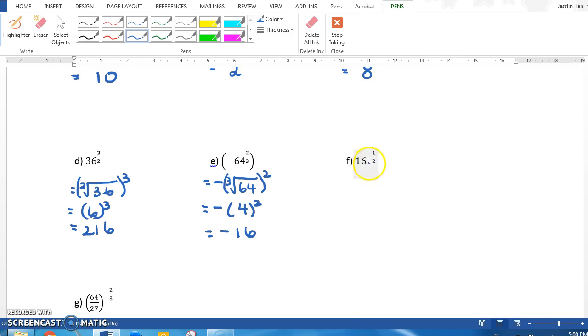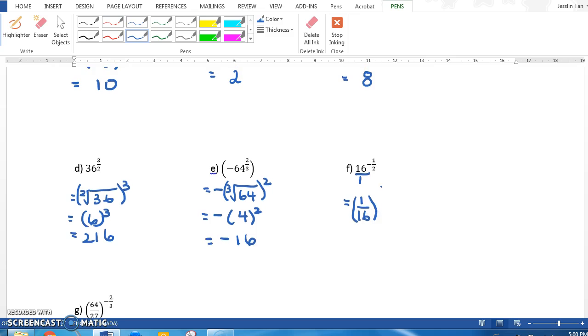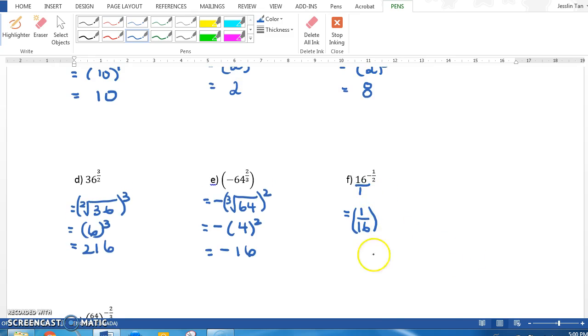The next thing that we're dealing with is negative exponents. Anytime we're dealing with negative exponents, just like we talked about yesterday, I actually have 16 as a fraction over 1. So to take care of the negative first, I'm going to flip that fraction, which is now 1 over 16, all to the exponent of 1/2.